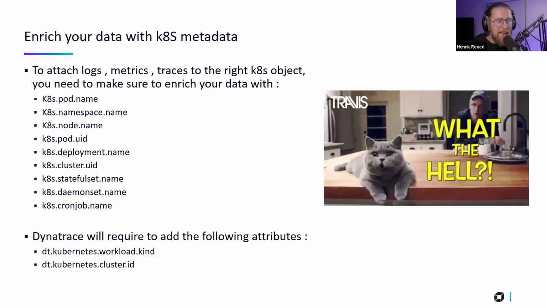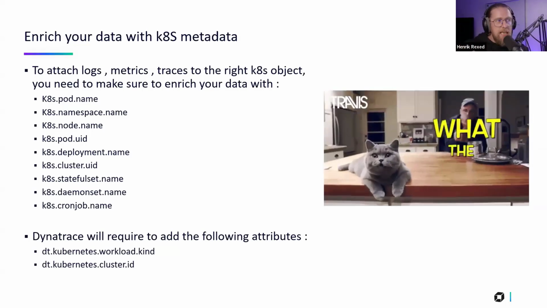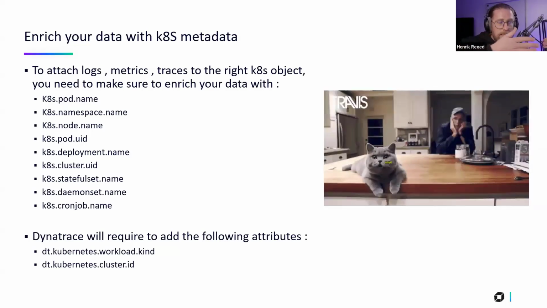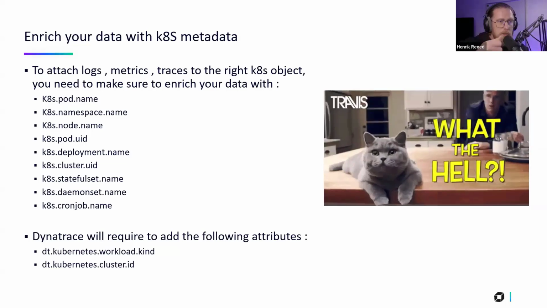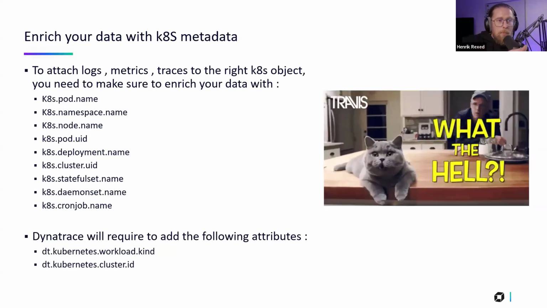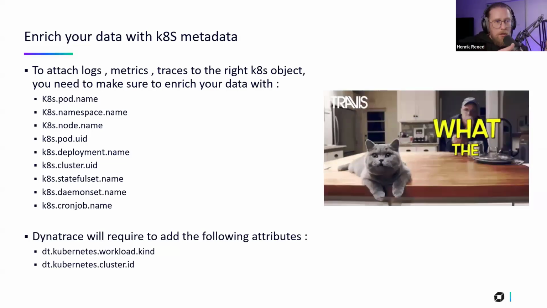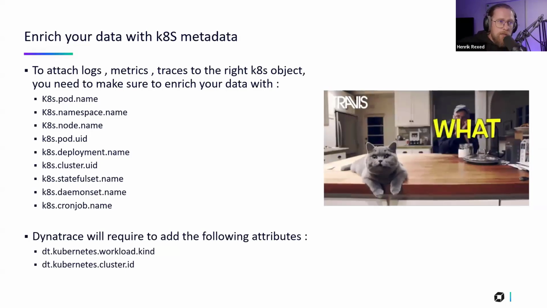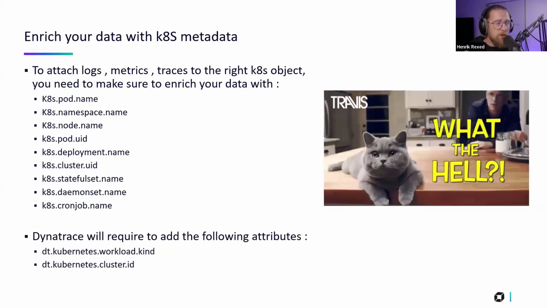If you attach everything with those keys, then the Kubernetes app will figure out, oh, this is related to this object, so I'm going to pull out the metrics or the logs to the right display. So that's one thing which is important.